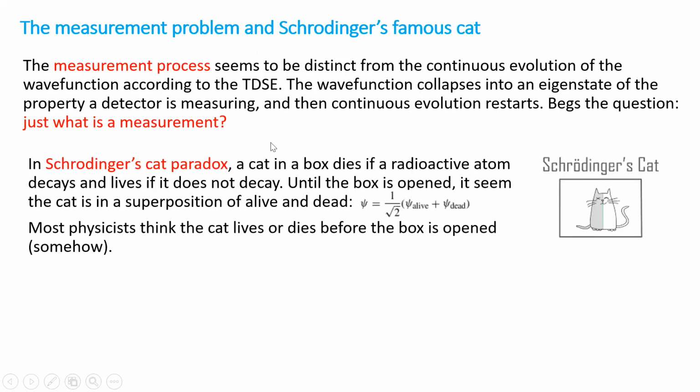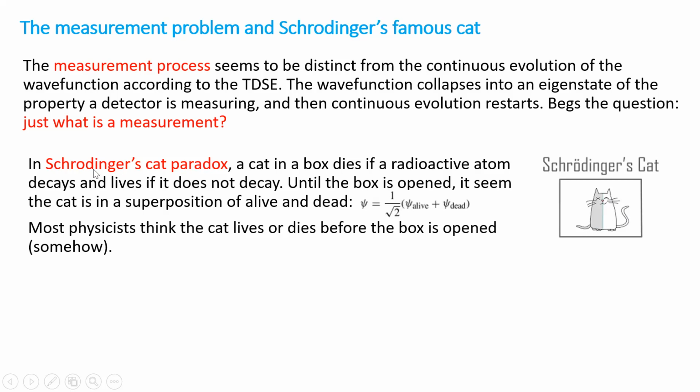That's where Schrodinger's cat paradox comes in, and here's a little cartoon of Schrodinger's cat, half alive on the right, and half dead with the X in its eye, with a nice long tail here and a drooping tail here.